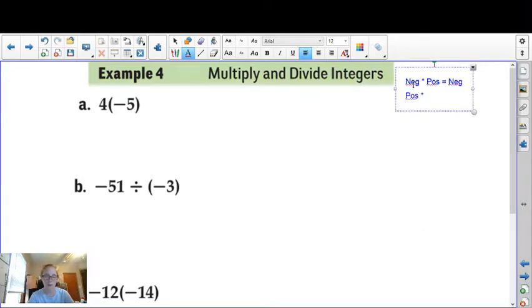Positive times a negative equals negative. Positive times positive equals positive. And negative times negative equals positive.